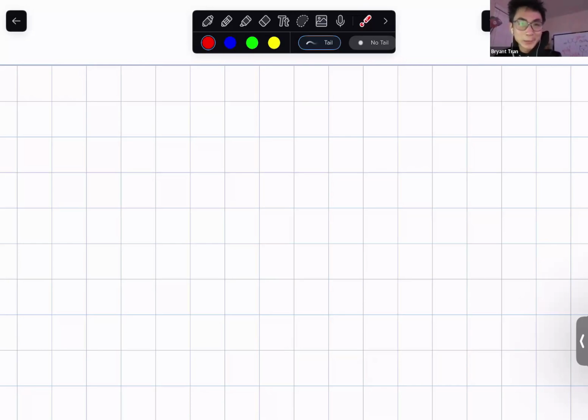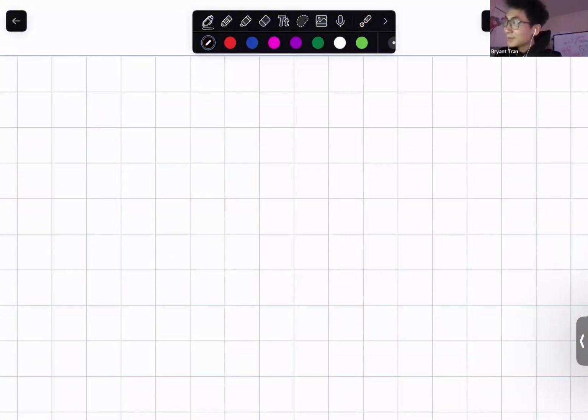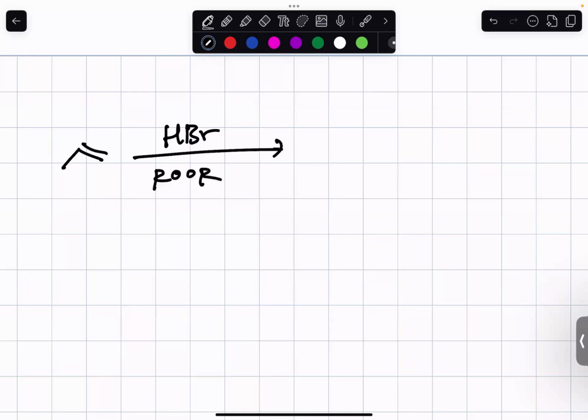Right, whenever you see radicals, that's always a sign of anti-Markovnikov addition, where the nucleophile attaches to the less substituted carbon of the alkene. That's when we have, let's say, this alkene right here, and you react it with HBr and some sort of peroxide like that. R is any random hydrocarbon chain.